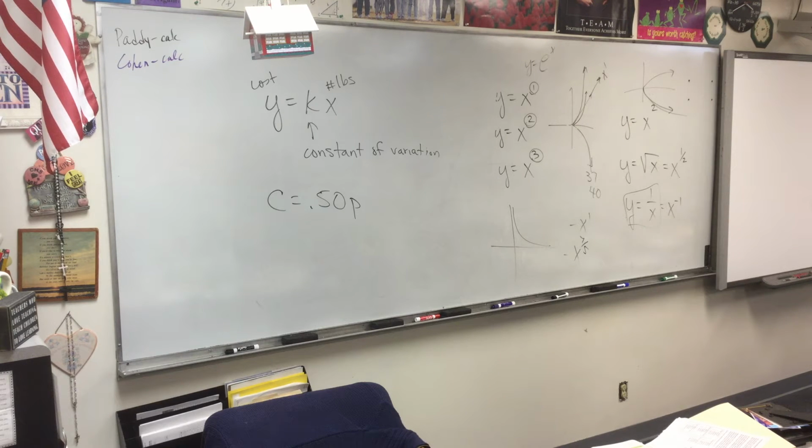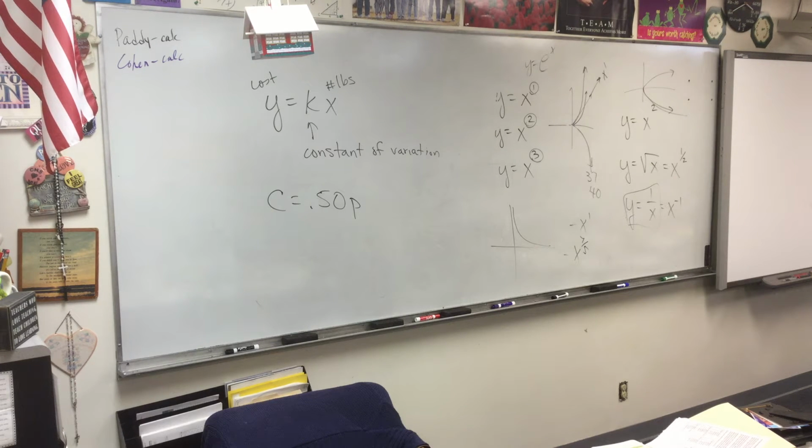Okay? I drive 30 miles an hour. He drives 50 miles an hour. What happens? He gets to school before I do. So in other words, as his speed went up, his time went down. As the speed went up, the time went down.